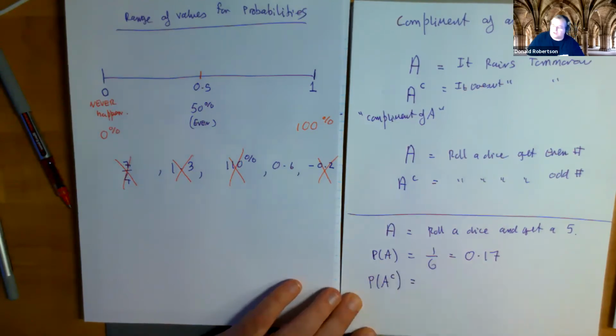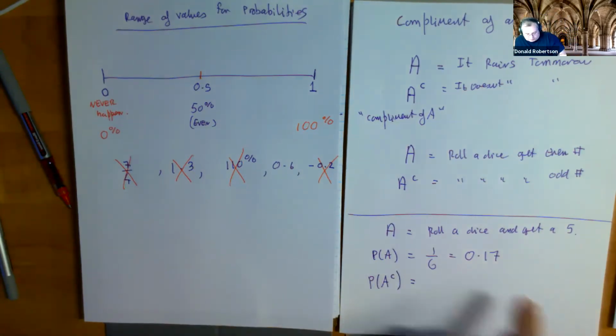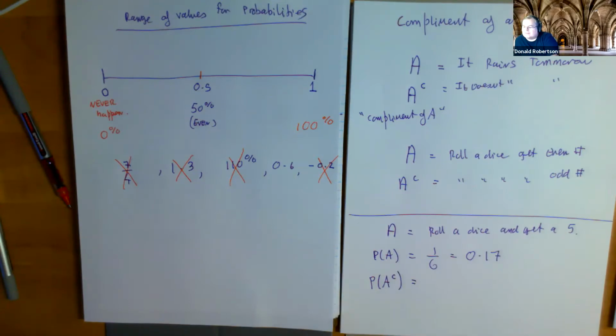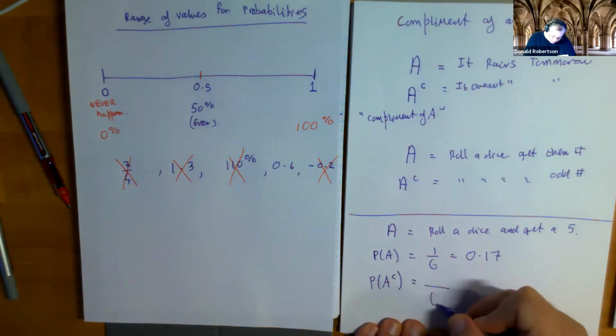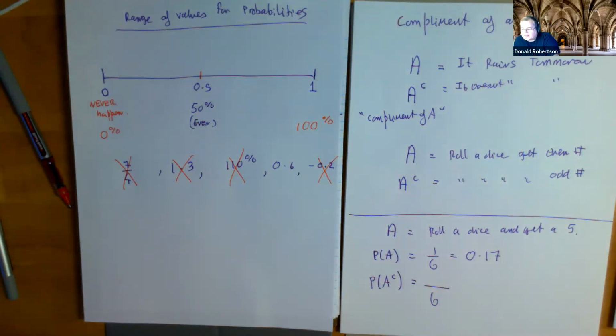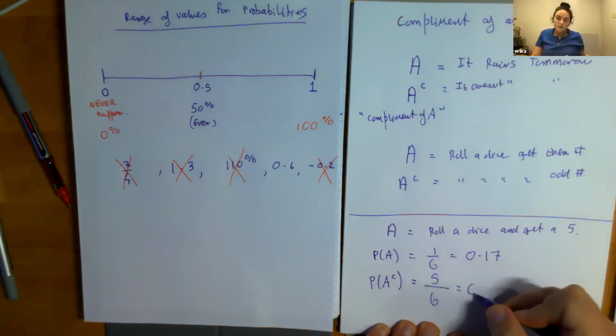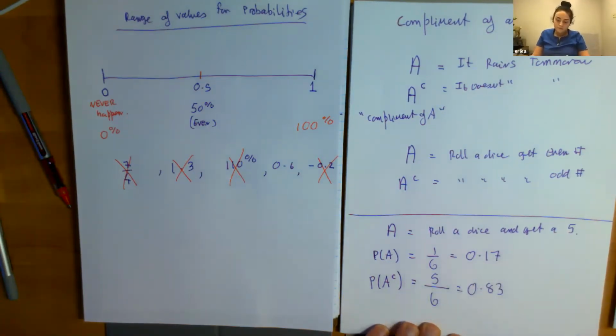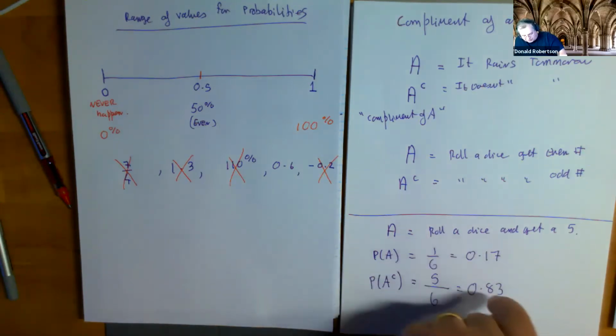Now, the complement of A, well, wouldn't that be not getting a 5? How many ways can you roll a dice and the thing ends up being something that's not a 5? 1, 2, 3, 4, 6. Do you notice that there's a connection between these two?